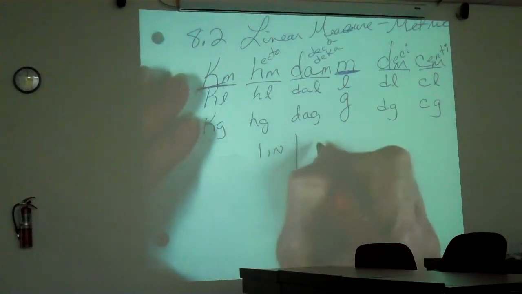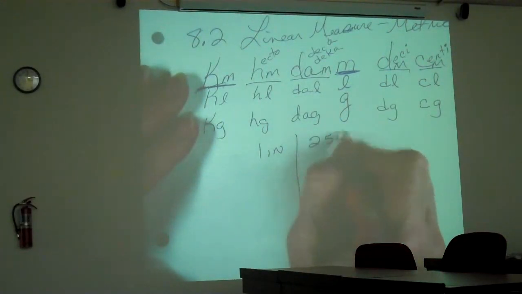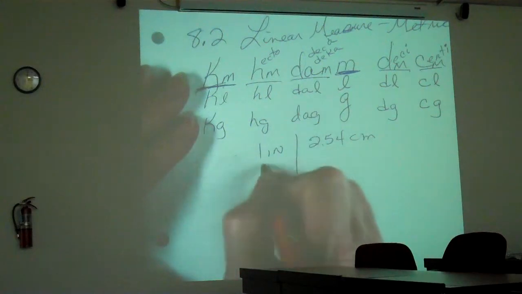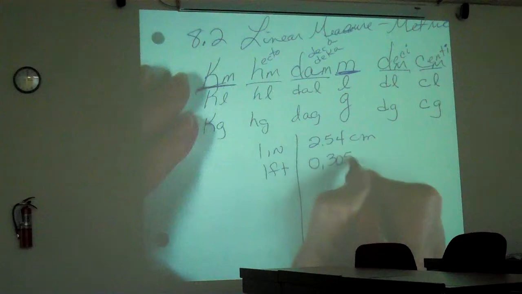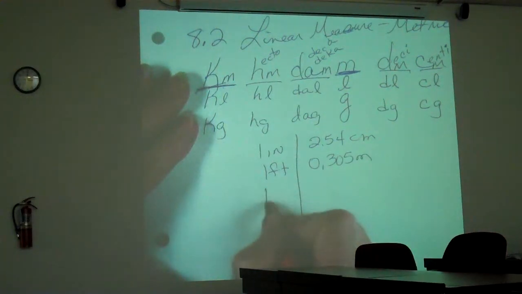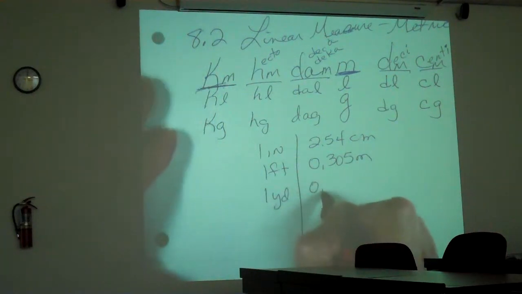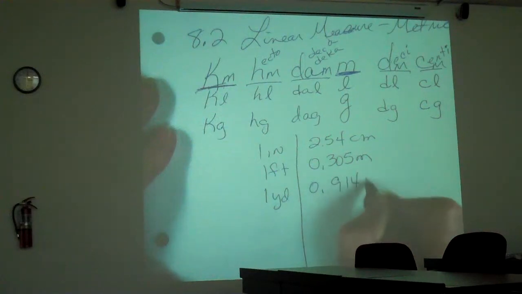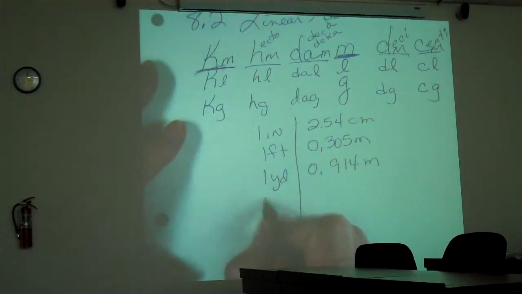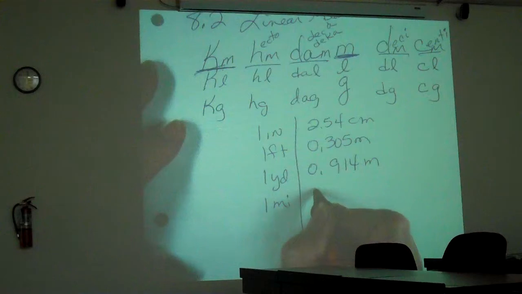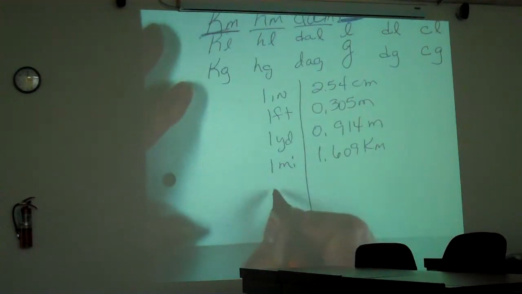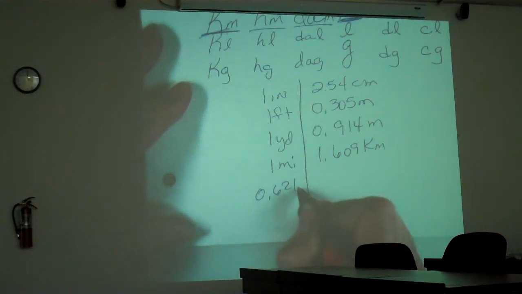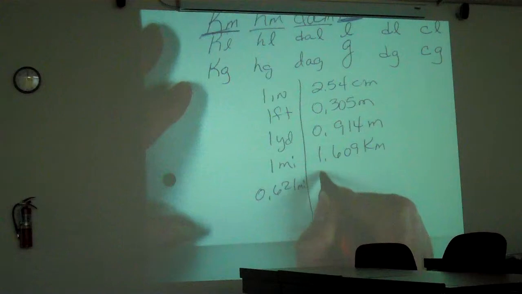1 inch, 2.54 centimeters. 1 foot, 0.305 meters. 1 yard, 0.914 meters. 1 mile, 1.609 kilometers. 0.621 miles is 1 kilometer.